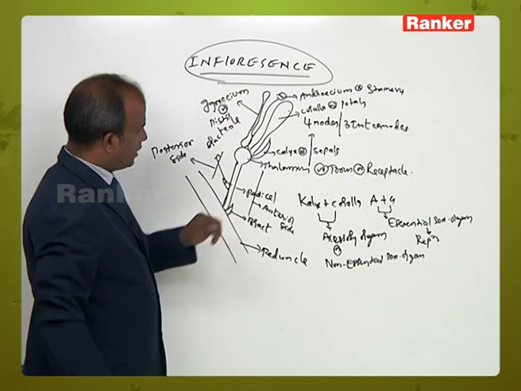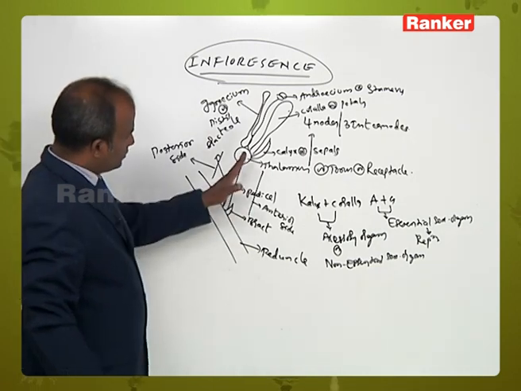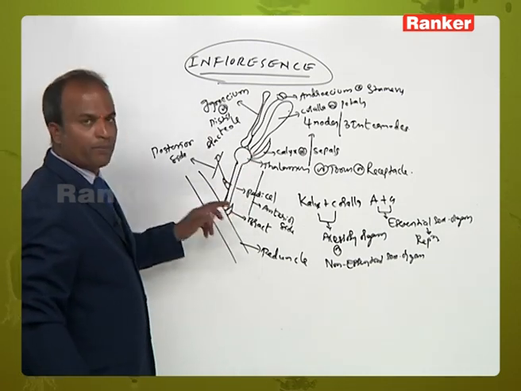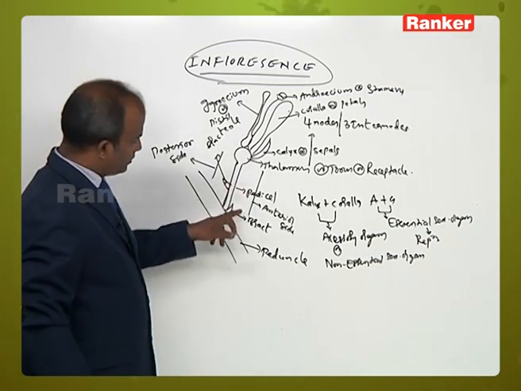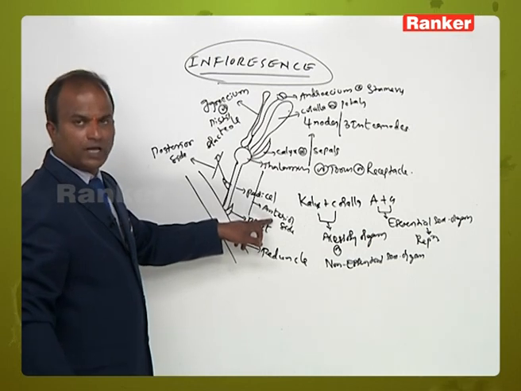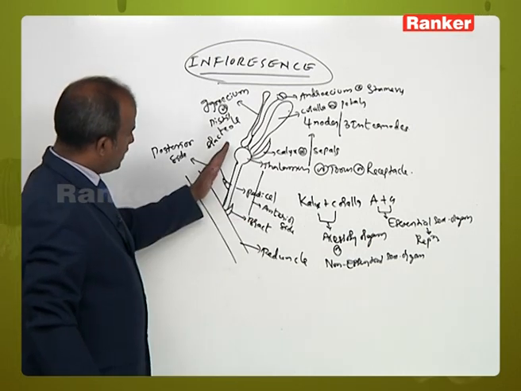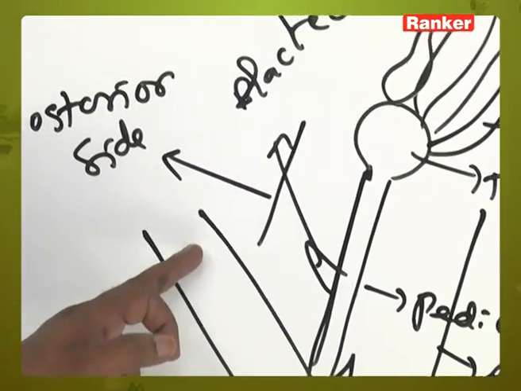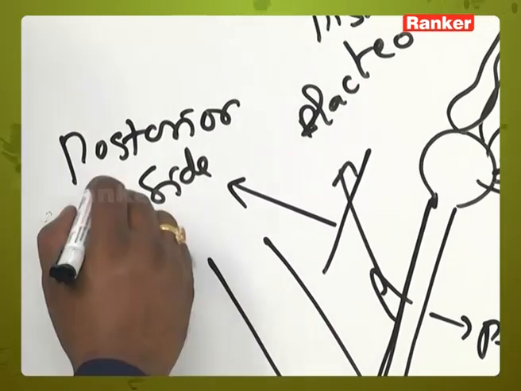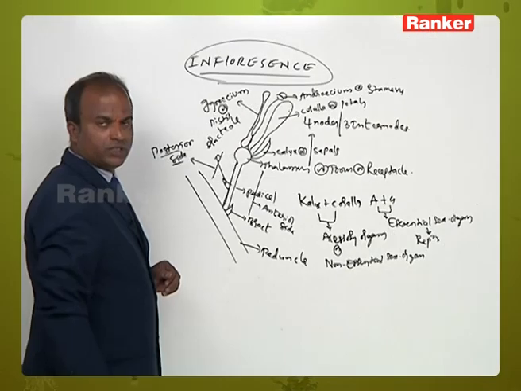What is meant by anterior side? The side of the flower present towards the bract is called the anterior side, and the side of the flower facing the peduncle itself is called the posterior side.